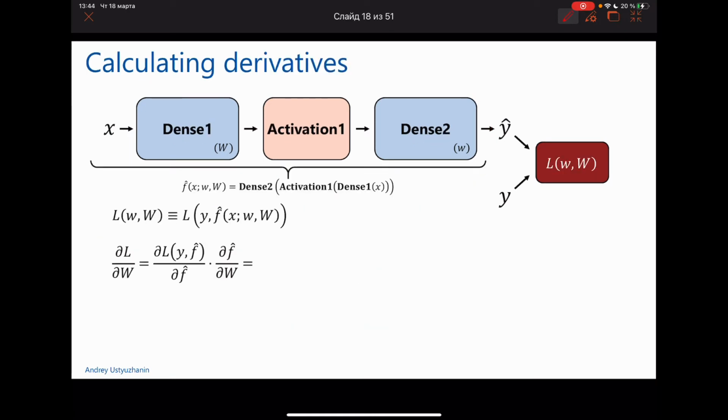And we can compute the gradient with respect to all the weights that we introduced in this scheme.